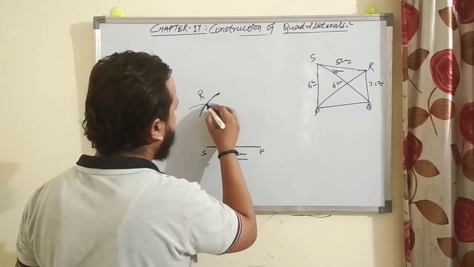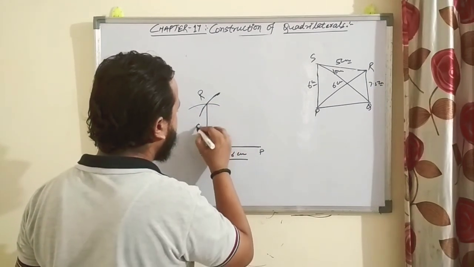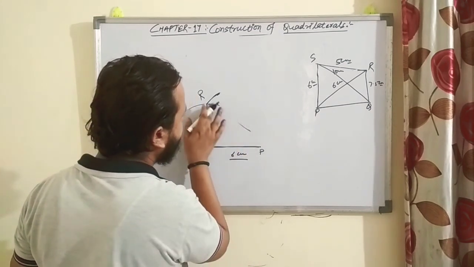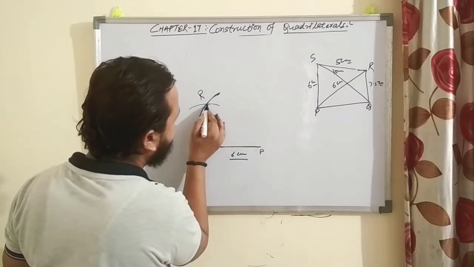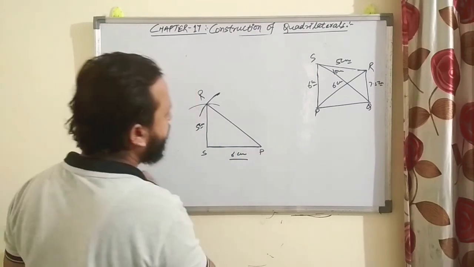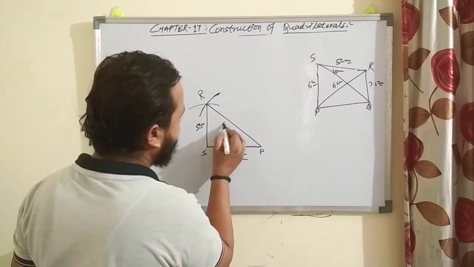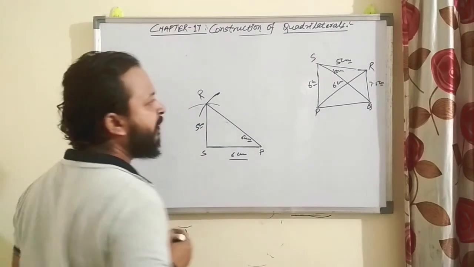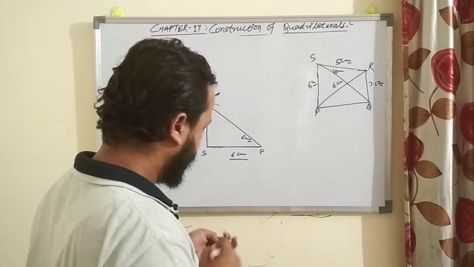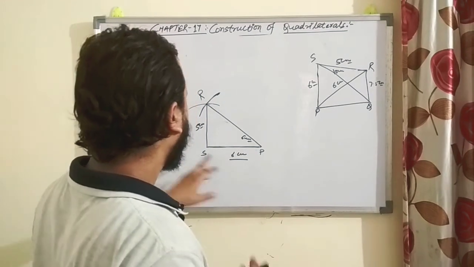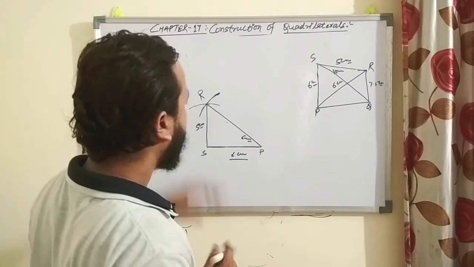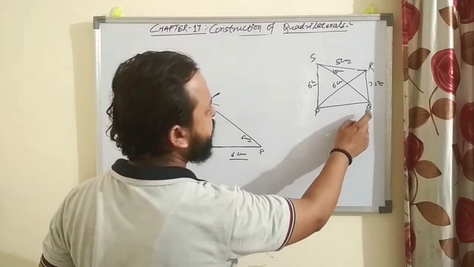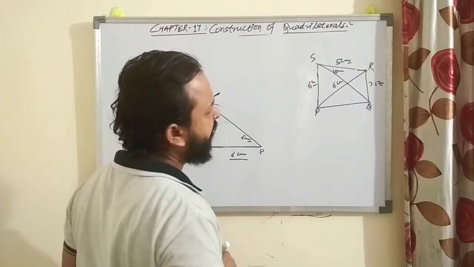So it means here this length is 5 centimeter and this length is 6 centimeter, right? So PSR we have constructed. Now we have to construct for point Q.